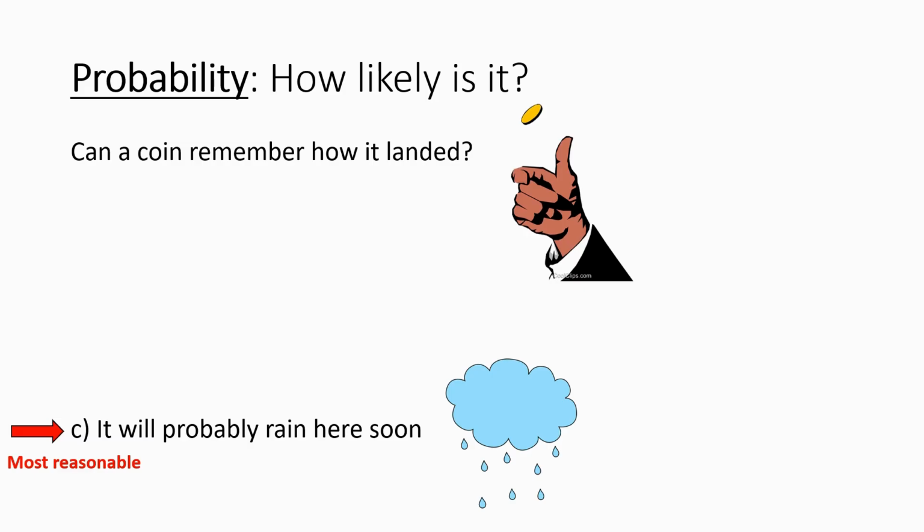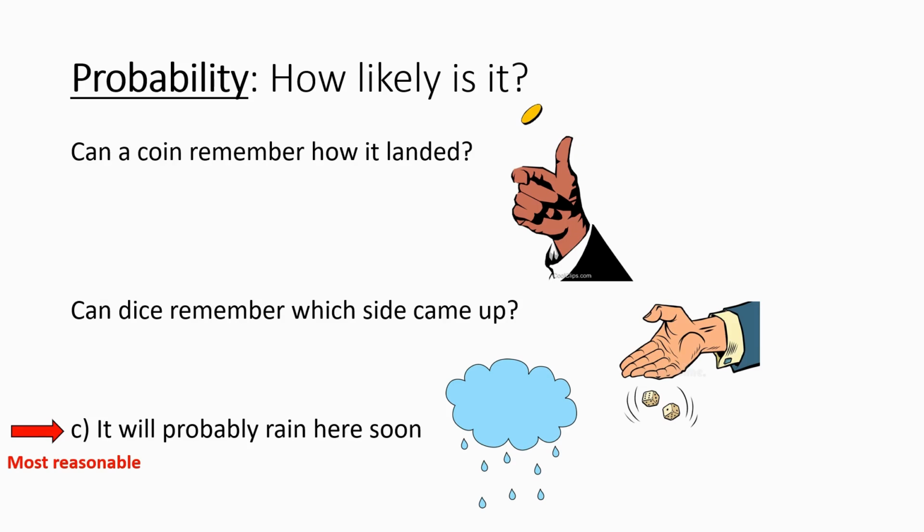Does it somehow know that it landed on heads 3 times in a row and therefore wants to continue landing on heads? No. A coin has no memory. We're the ones who remember the results. The same logic applies to rolling a die. The die doesn't keep track of past rolls, meaning each roll is independent and the probability remains the same every time. Despite this, people often assign human emotions and patterns to things that are just entirely random.